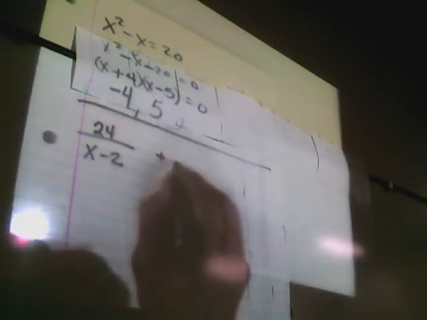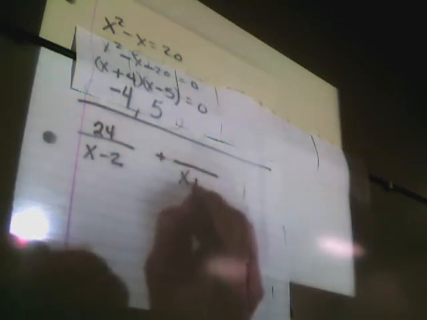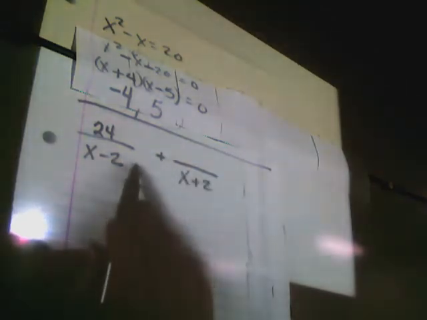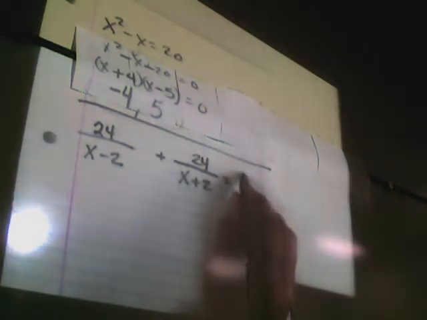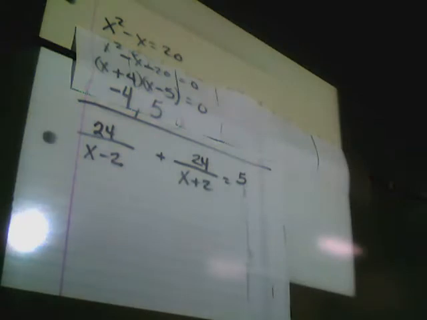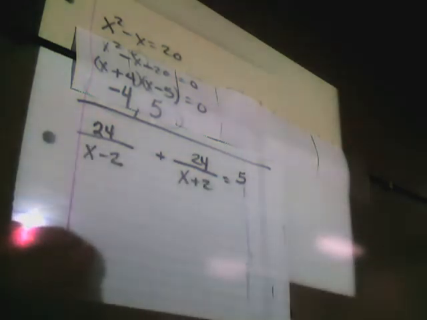Our next one has an x plus 2 on bottom. That's why I left some space here. 24 on top. It says it's equal to 5. We need a common denominator. Once we get a common denominator, we'll be able to just drop it off and solve the top.